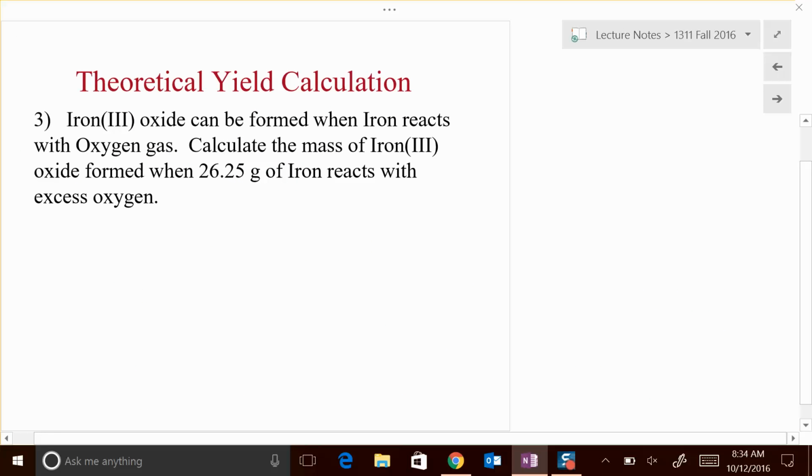Iron 3 oxide can be formed when iron reacts with oxygen gas. Calculate the mass of iron 3 oxide formed when 26.25 grams of iron reacts with excess oxygen.